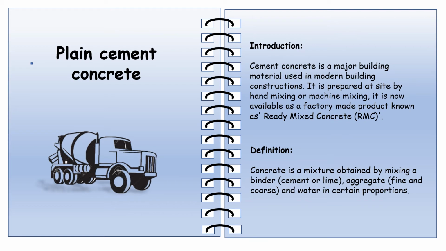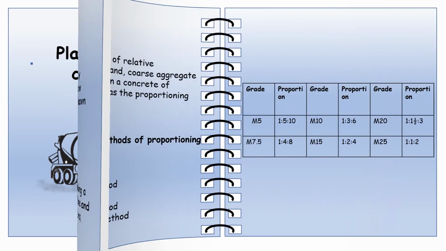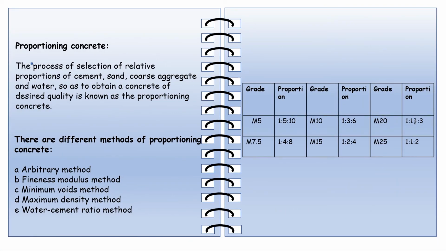Definition: concrete is a mixture obtained by mixing a binder, cement or lime, aggregate, fine and coarse, and water in certain proportions. Proportioning concrete. The process of selection of relative proportions of cement, sand, coarse aggregate, and water so as to obtain a concrete of desired quality is known as proportioning concrete.